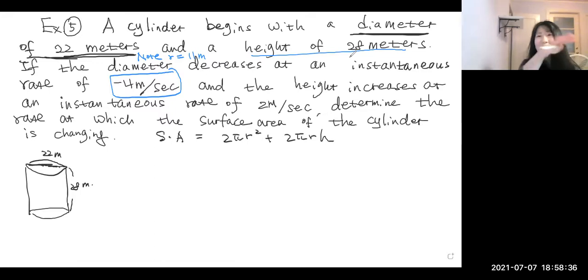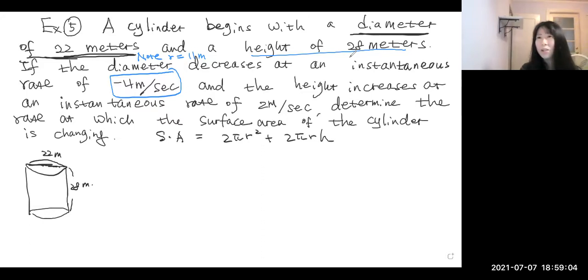And then they say that on the top too: if the diameter decreases at an instantaneous rate of, this will be dr over dt, but in this case it's the diameter.